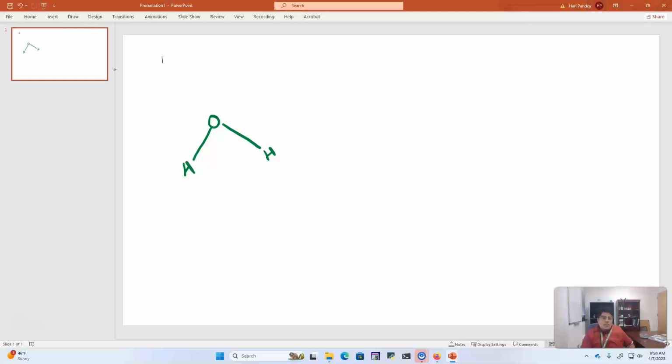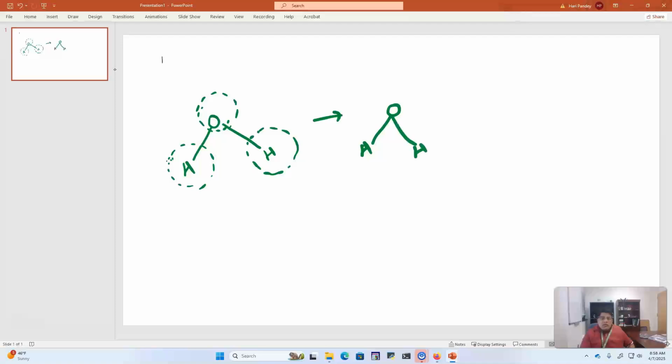Suppose this is one hydrogen's electron cloud, this is the other hydrogen's electron cloud, and this is oxygen's electron cloud. Oxygen is more electronegative, so it pulls the hydrogen's electron cloud toward itself. A tiny electron cloud is left behind, but more electron cloud accumulates at oxygen.